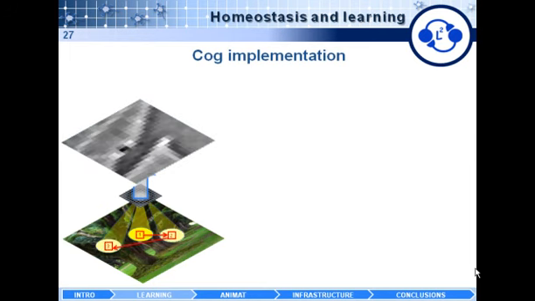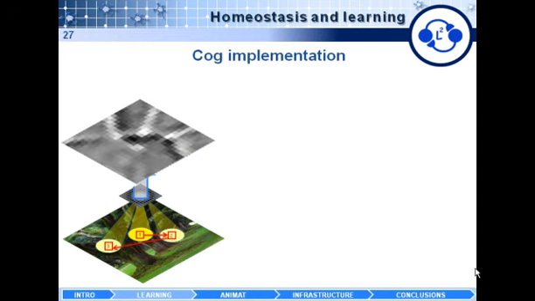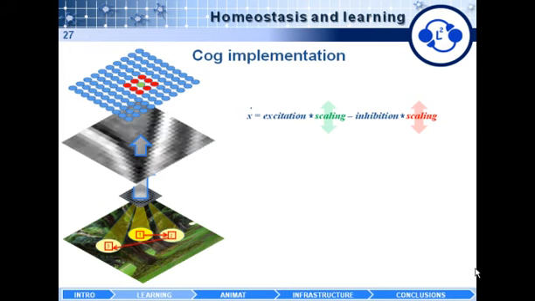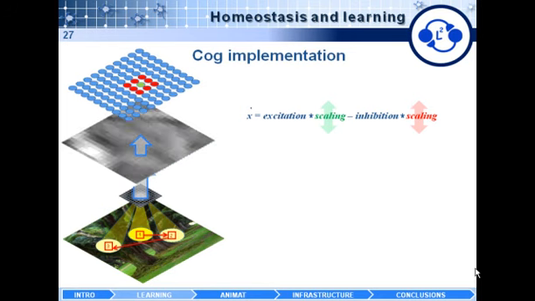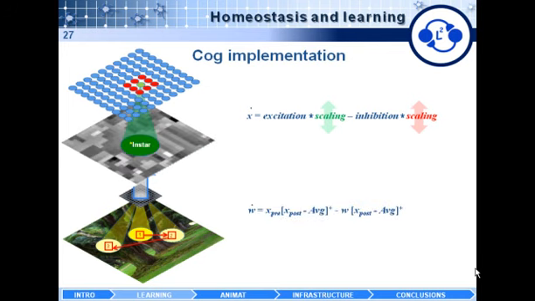We simulate many of these instances in which we sample random patches from the visual field, and we then feed this information to simulated cortical areas, which consist of an on-center off-surround architecture, where the excitation and inhibition is scaled by a set of other differential equations that define these homeostatic mechanisms that tend to preserve the overall level of activity in the cell. And of course, what we add to this system is plasticity, so the ability of the cortical cells to learn a meaningful representation from their input.